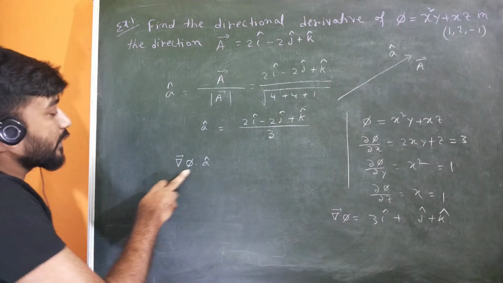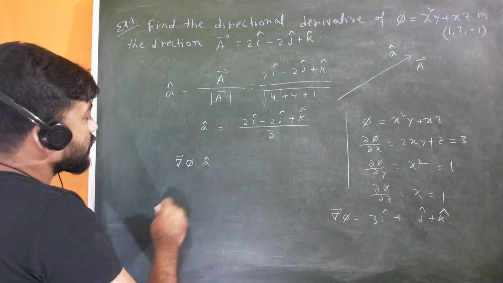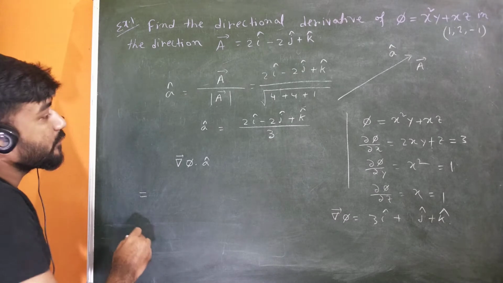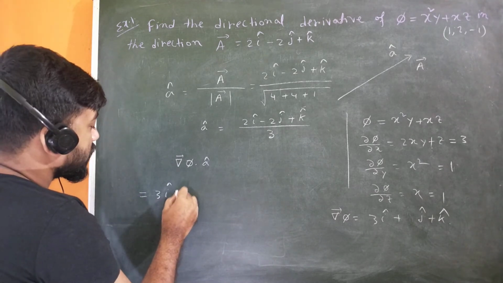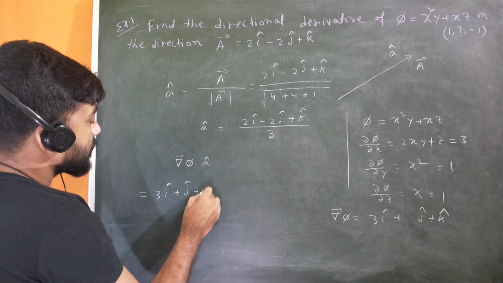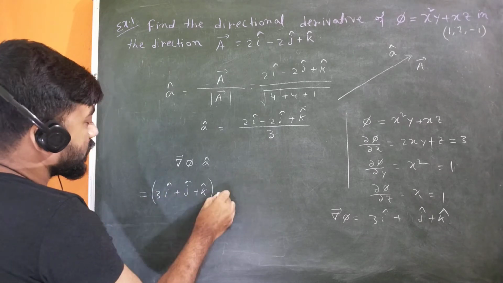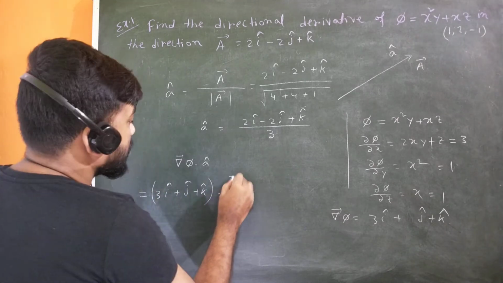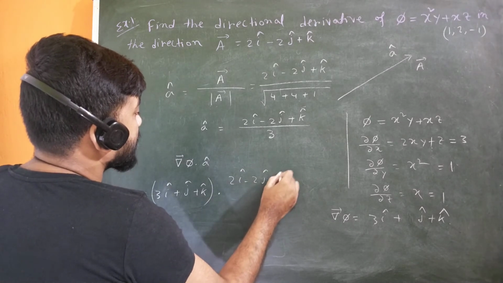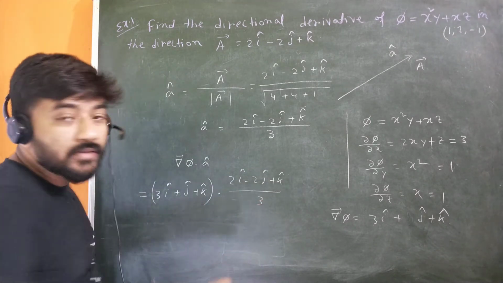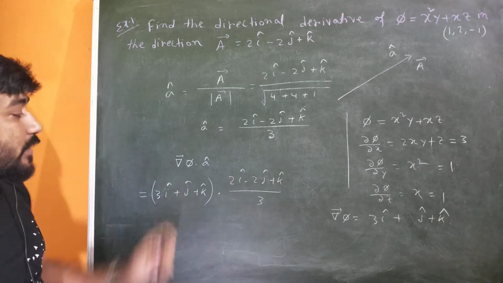Now what will be grad phi dot a cap? Grad phi here is 3i cap plus j cap plus k cap, dot a cap, which is 2i cap minus 2j cap plus k cap divided by 3. Now you just have to do the dot product of these two vectors.